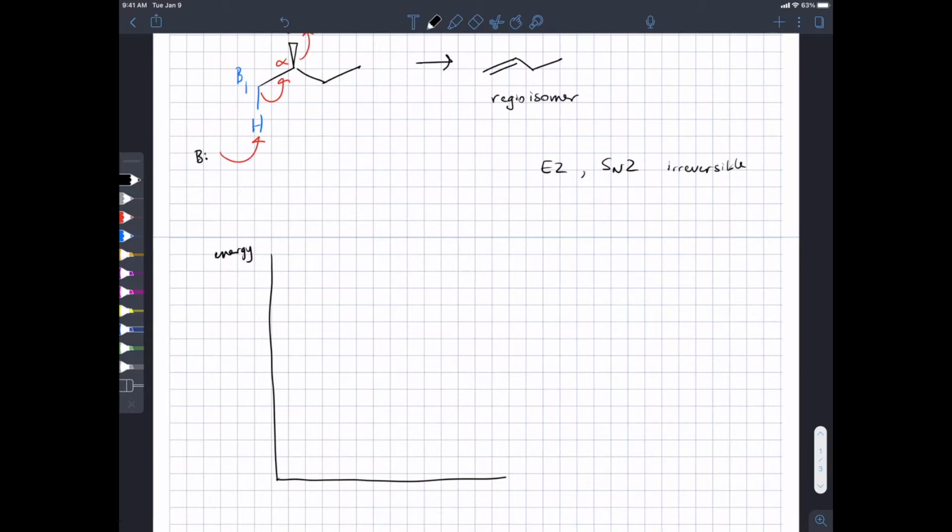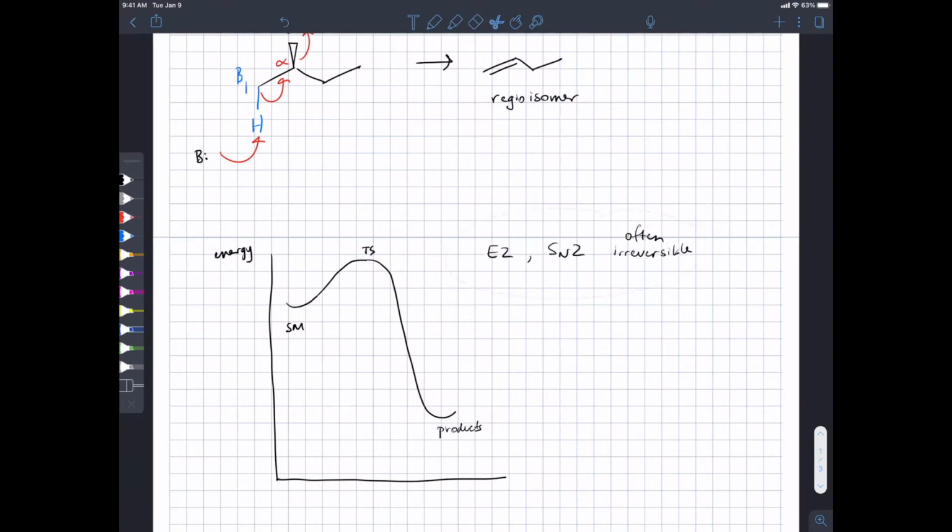Generally, you're starting with a very reactive nucleophile, and so it's very difficult to go backwards from products. Here's a starting material for an E2 reaction. Here's the transition state, and here's the products. So in a case where a reaction is irreversible, the fastest product to form is the major product.